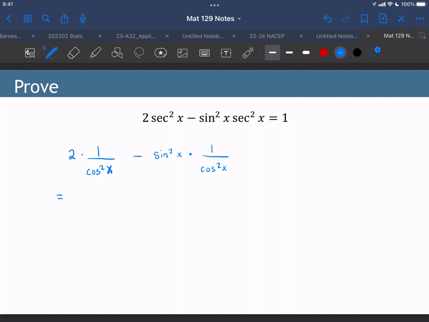Oh, I do see something here. I do have a common denominator. That's helpful. So I could combine these into one function.